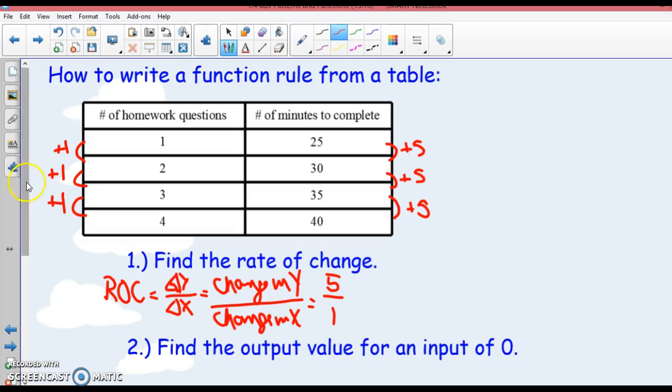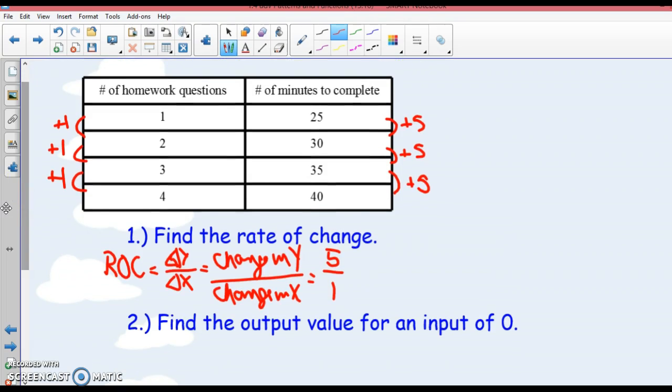Now, I'll show you two ways to come up with this equation. You've got to find your rate of change, which we know how to do. We've been doing that. Then we need to find the output for an input of 0, and I'm going to show you two ways. Depending on the numbers, the first way I'm going to show you is pretty easy, but it won't always work. Do you guys agree with me? If I started going up this way, what would the next number be?